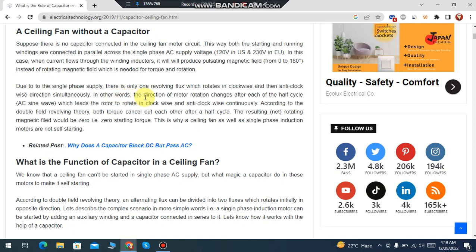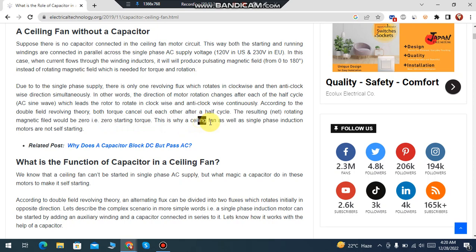In other words, the direction of rotation changes after each half cycle of the AC sine wave, which leads the rotor to rotate clockwise and anti-clockwise continuously according to the double field revolving theory. Both torques cancel out each other after a half cycle. The resulting net rotating magnetic field would be zero, for example, zero torque.